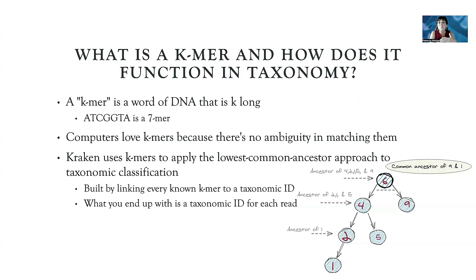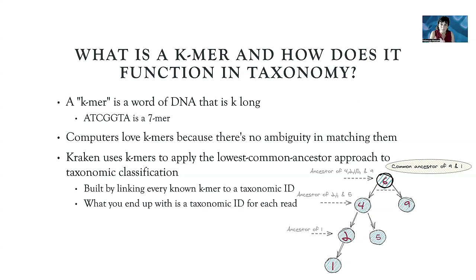They know how to match things pretty easily. Now think about all the data that's here too, because if you break up a genome that is 3 to 6 million base pairs into 7-mers, that's a whole lot of data. So you really need the computers to help you analyze this data.